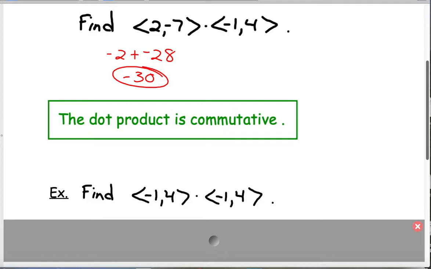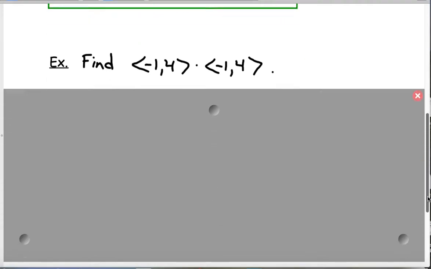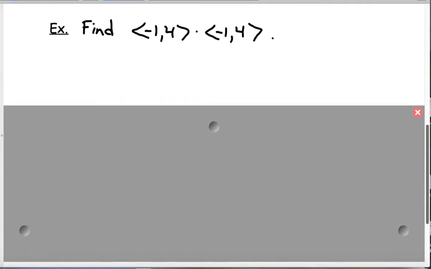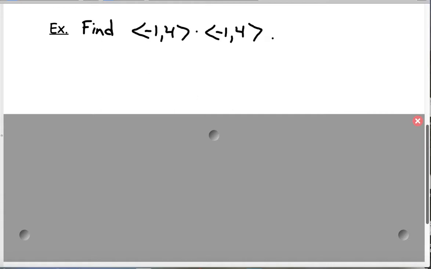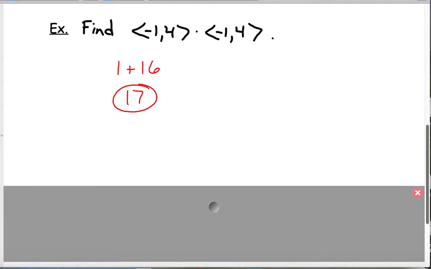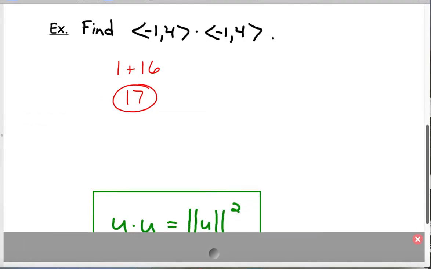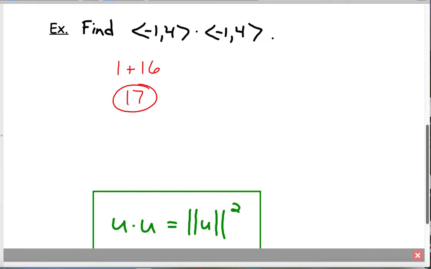What if we did the dot product of a vector with itself? Well, in this case, we're going to get negative 1 times negative 1 is positive 1, plus 4 times 4 is 16, and so we're going to get 17 for our dot product. Now that calculation should look familiar. What if I asked you to find the magnitude of the vector negative 1, 4?